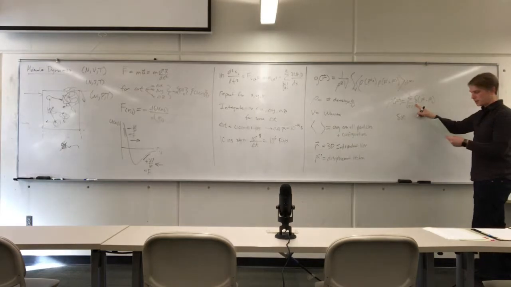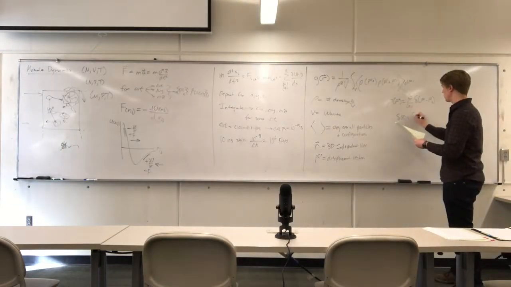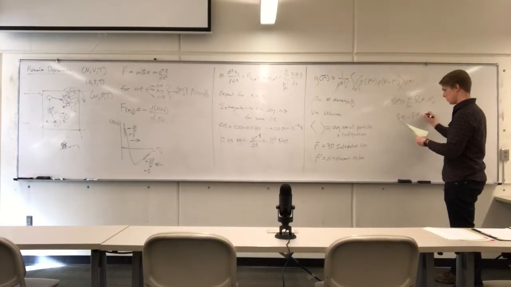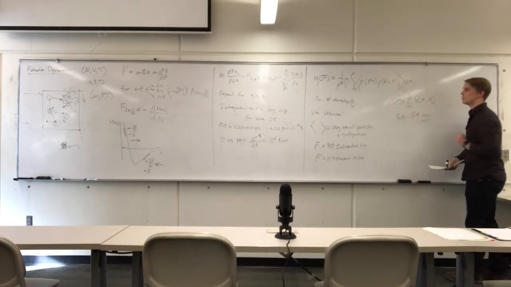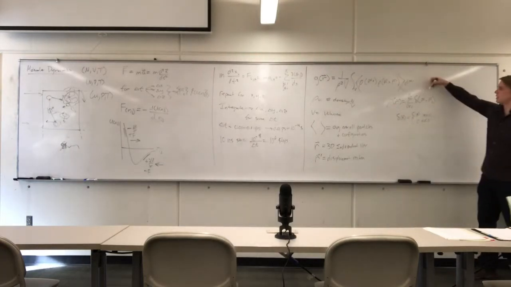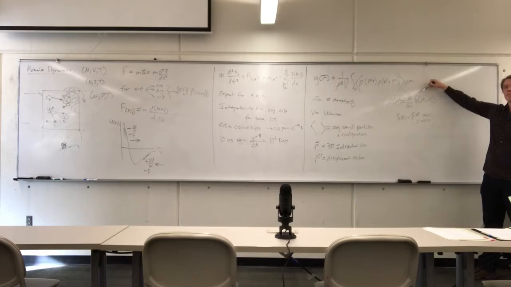This delta is the Dirac delta function. So what this function here is, this rho of r, all it is is a collection of locations where there are particles.